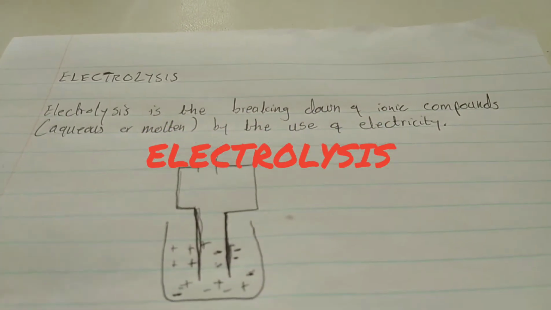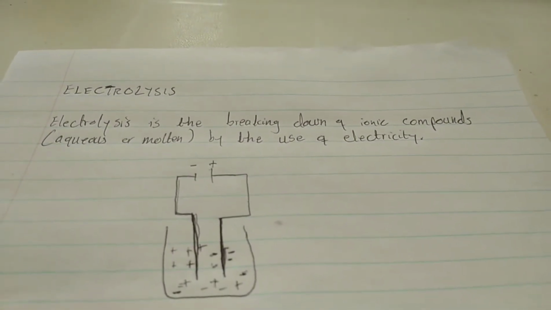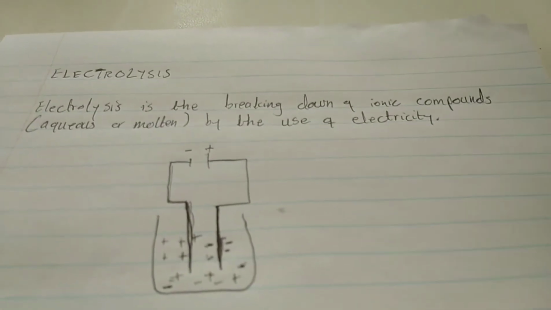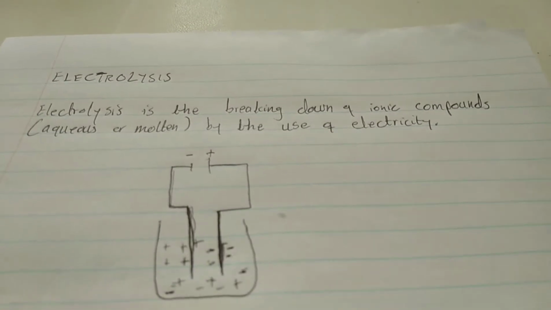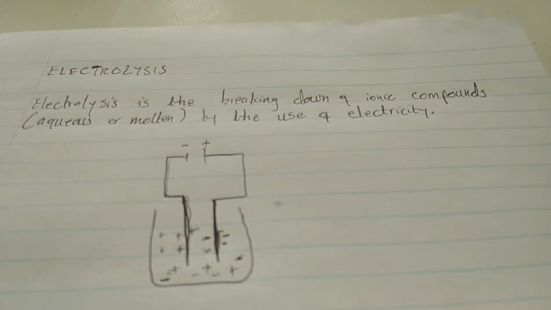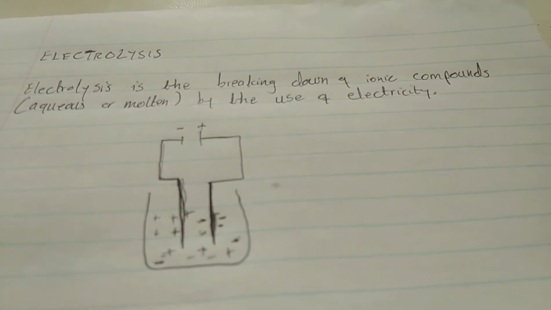Today we'll be dealing with electrolysis in chemistry. So, electrolysis we can say that it is the breaking down of ionic compounds. These ionic compounds have to be in aqueous form or they should be molten, by the use of electricity.